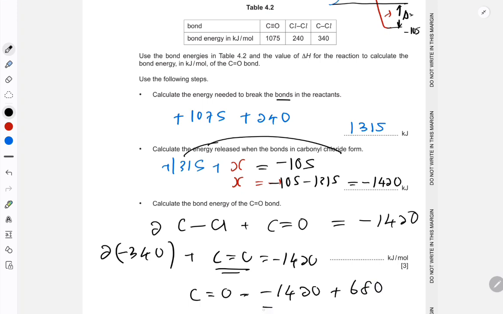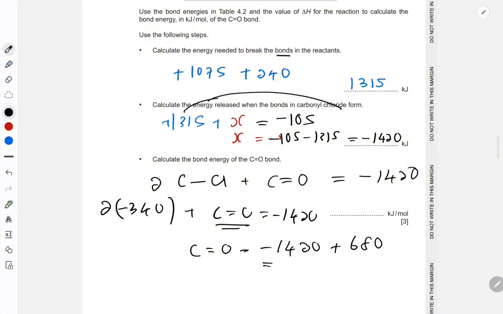So what's my final answer? Take your calculator, and what do you get? Negative 1420 plus 680, giving us negative 740.